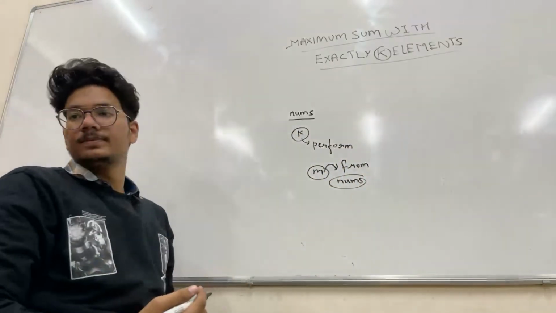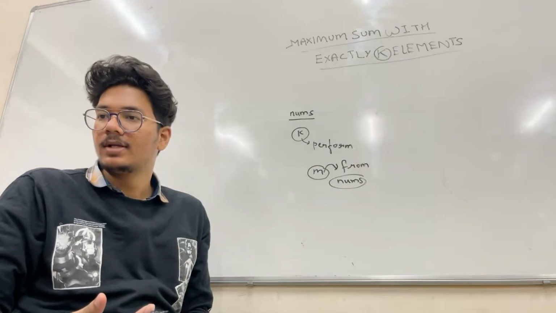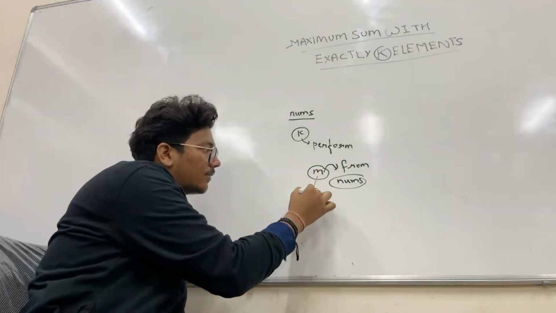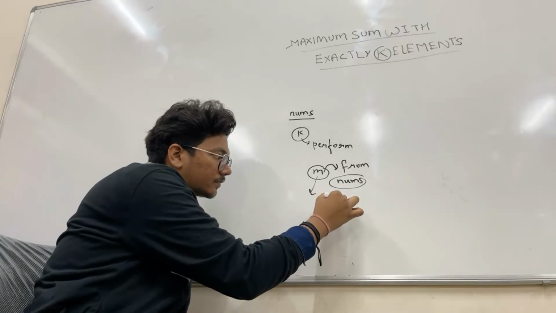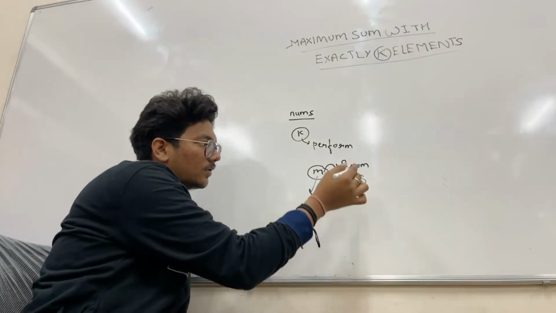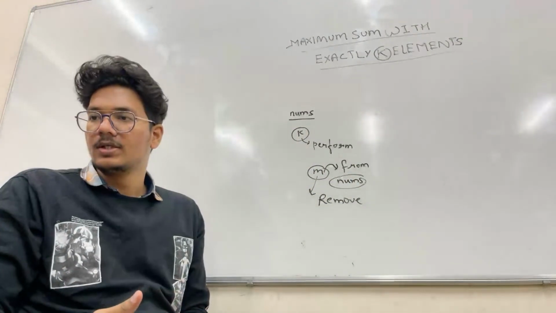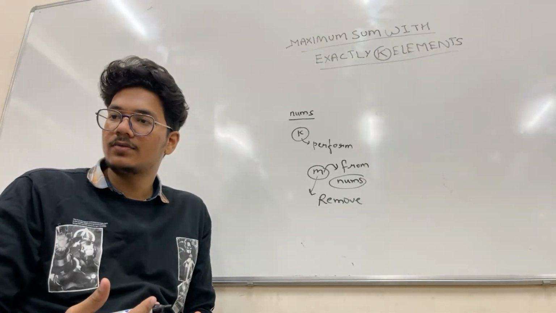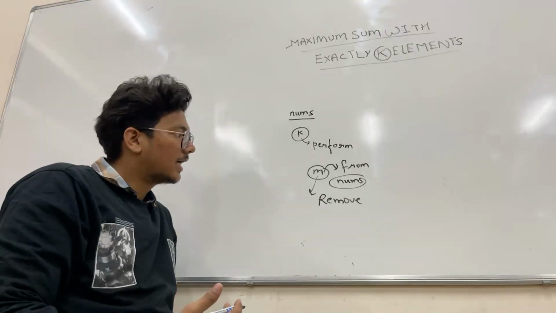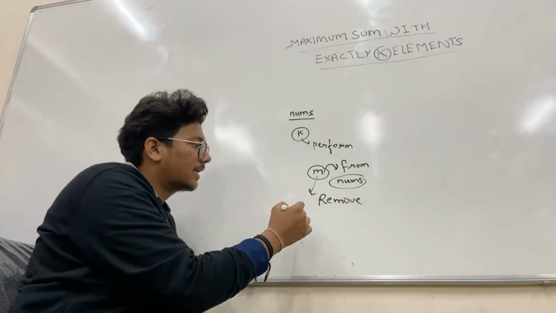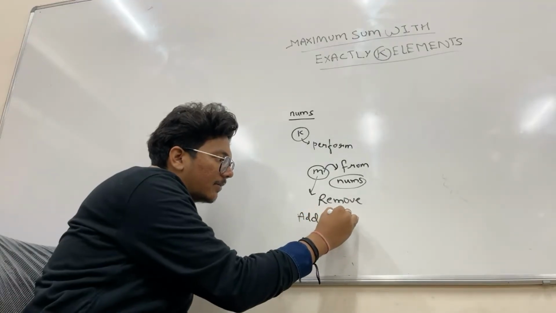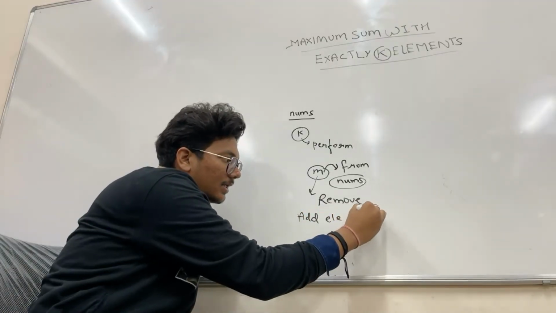Select the element m from nums and remove the selected element from nums, and add a new element of value m plus 1.